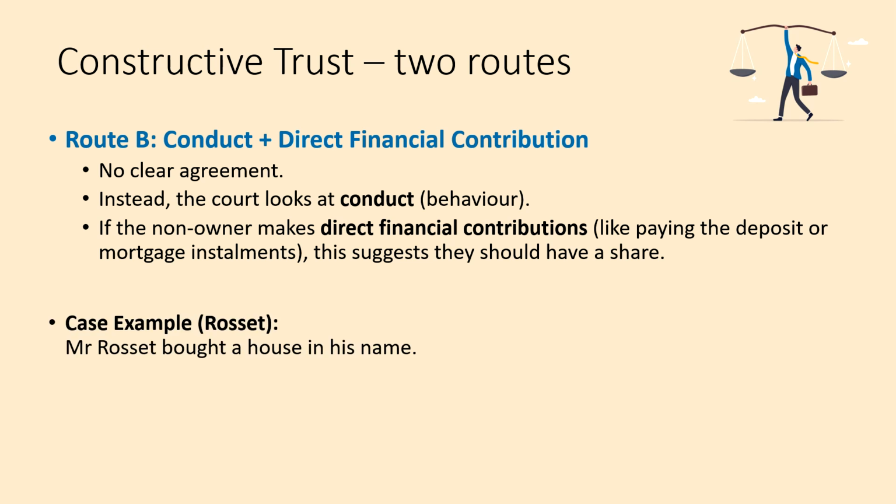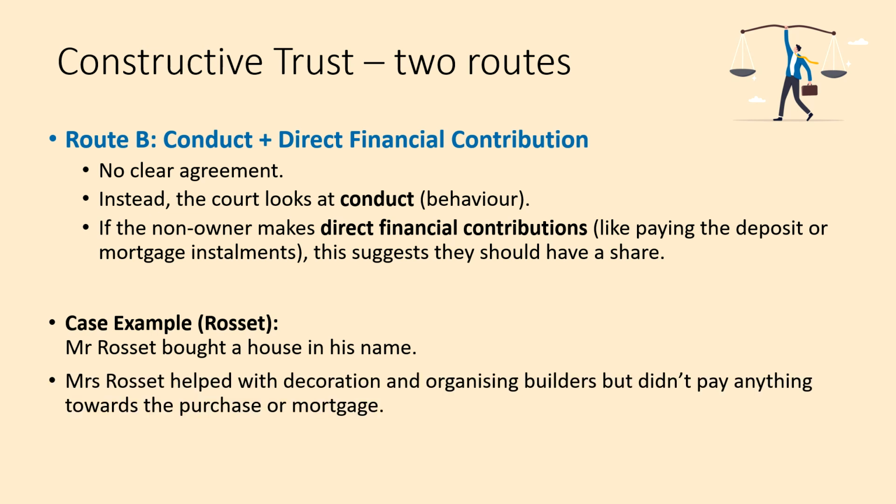So Mr. Rossett, for example, bought a house in his name, and his wife helped with things like decoration and organizing and builders and so on. Now, would you think that this is something that could be protected as a constructive trust or not?